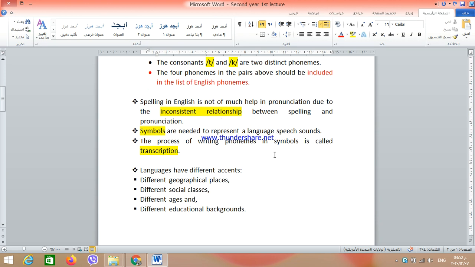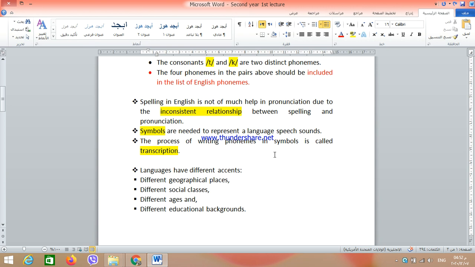In terms of English, the pronunciation of English is not easy for foreign learners, especially Arab learners of English, because in Arabic there is always a consistent relationship between spelling and pronunciation.